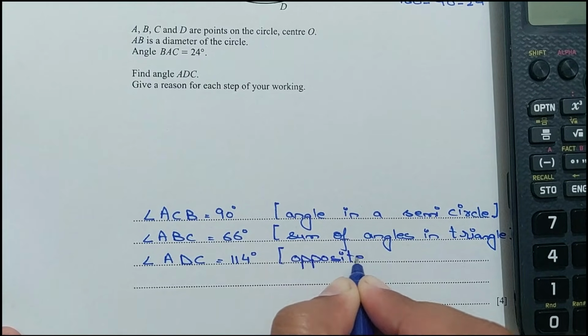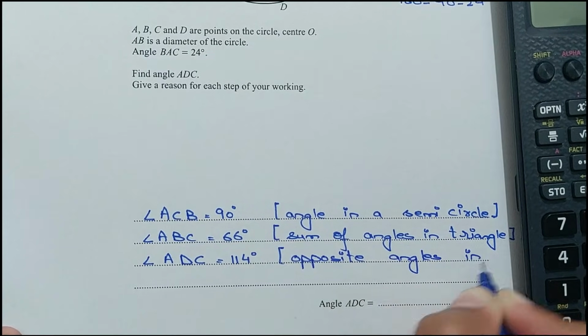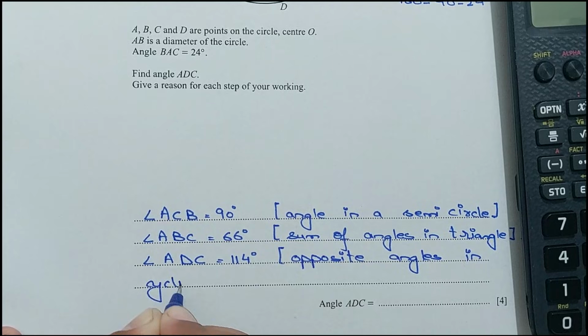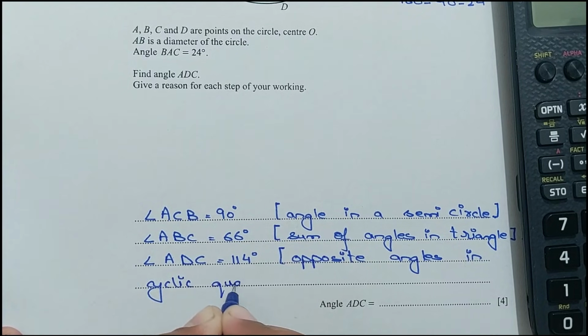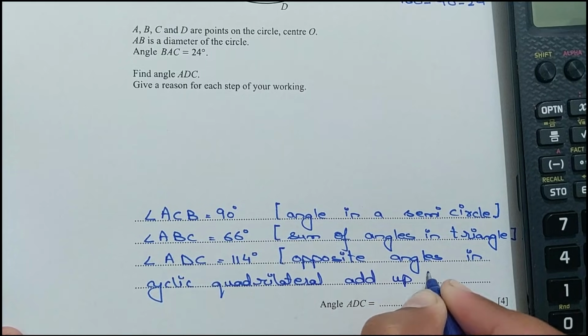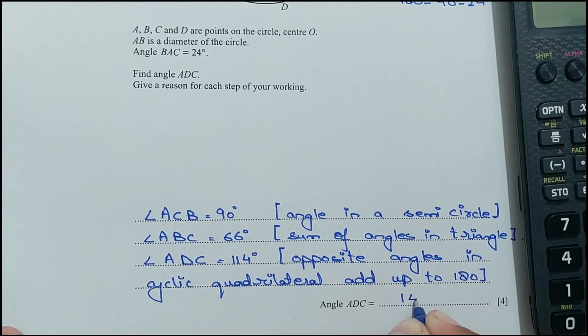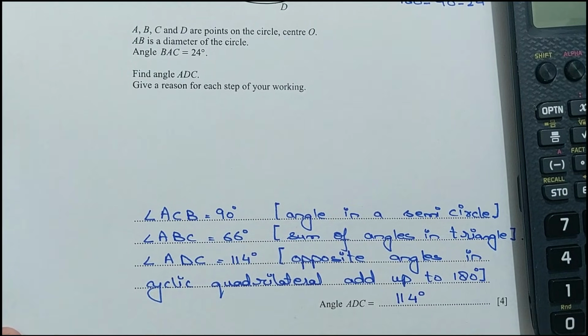Opposite angles in a cyclic quadrilateral add up to 180 degrees. So this angle is 114 degrees, right?